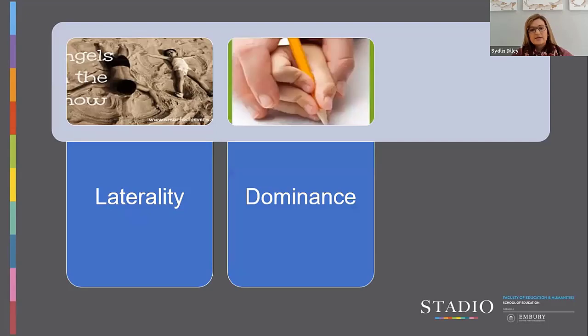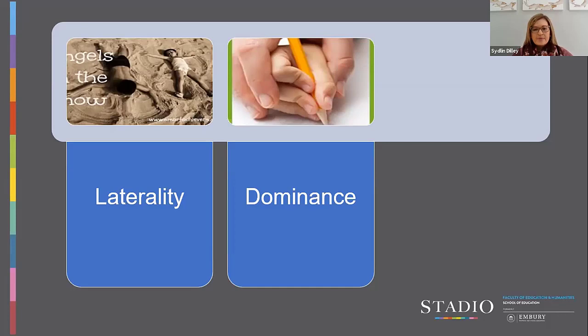Our second skill here is dominance. So this has to do with establishing left or right hand dominance. So we want to have this established by the end of grade R. We don't want them to still be chopping and changing between left and right. So the way that you can sort of reinforce hand dominance is if you present a toy at the midline of the child.